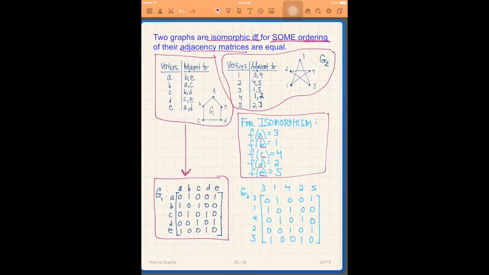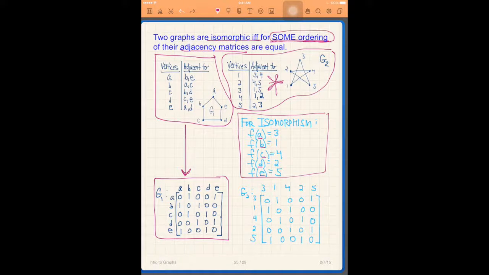Then I'm going to make a G sub 2 matrix, but I'm not going to label it straight across as 1, 2, 3, 4, 5, because they're not going to be exactly the same. So I'm trying to come up with some ordering.